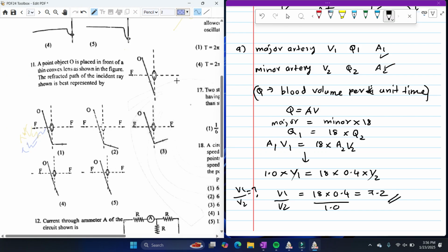So here we can say that the object is placed here. From the object, we'd better draw a ray from the focus, and I'm sorry about the straight lines.